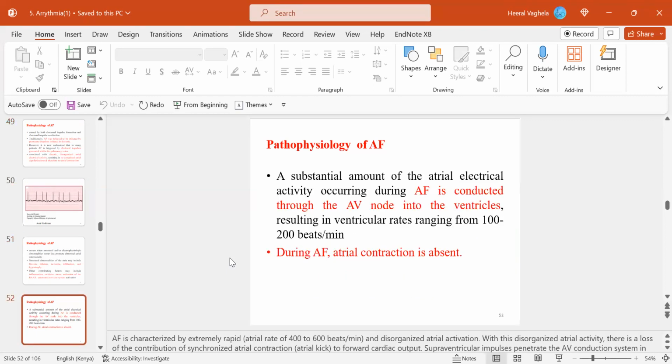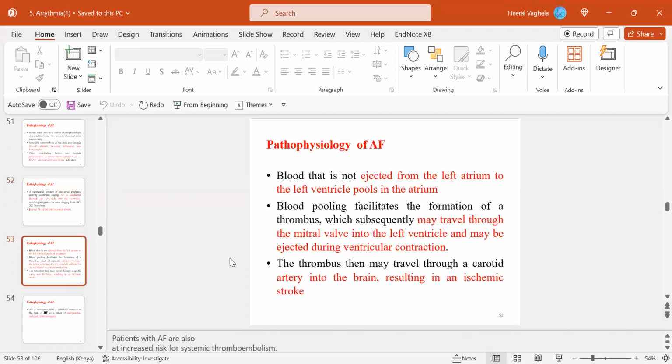Since blood is not being pumped out, you expect some of the blood to stay back in the heart, which causes thrombus formation. If it travels, it can go to the brain, causing an ischemic stroke, or to other parts of the body, causing pulmonary thromboembolism or venous embolism.